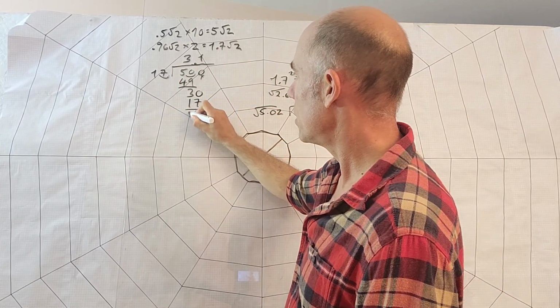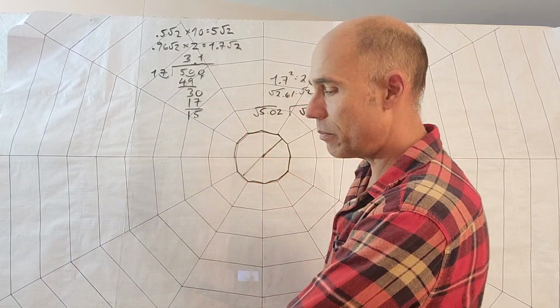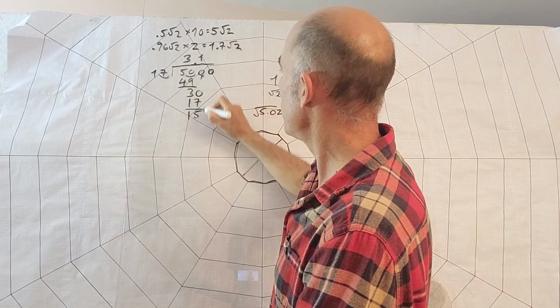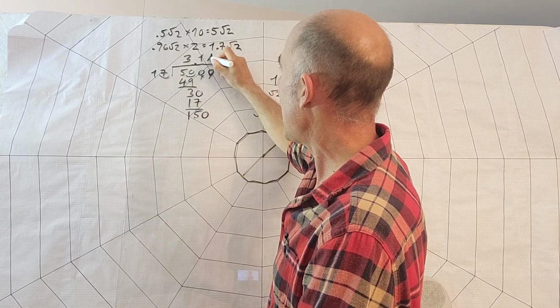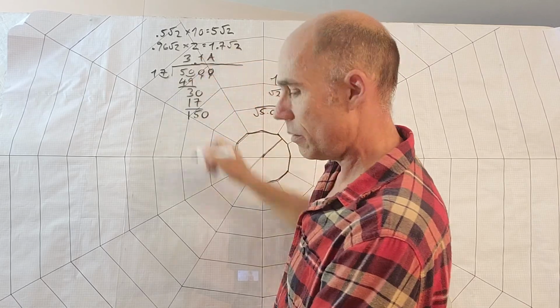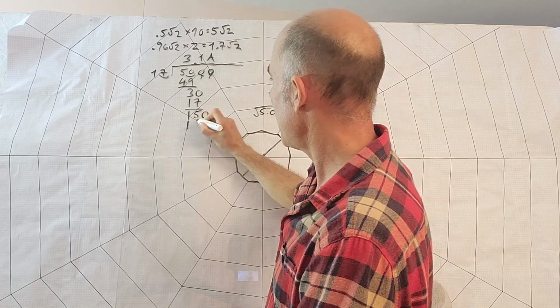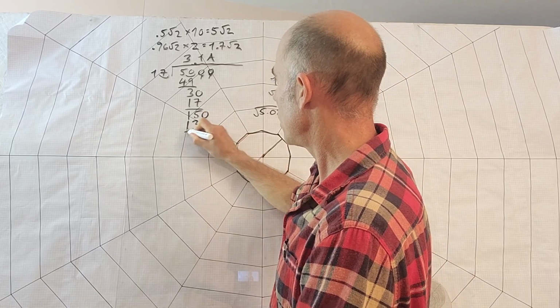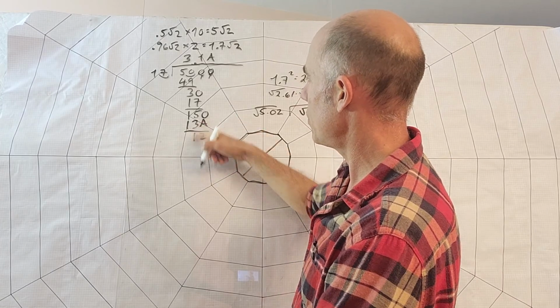The remainder is 15. I've got it written down here just to remind myself. I'm going to bring down another 0. That's going to be A. So A times 17 is 13A. 13A has a remainder of 12, right? A, B, 10, carry 3, 4, 5.